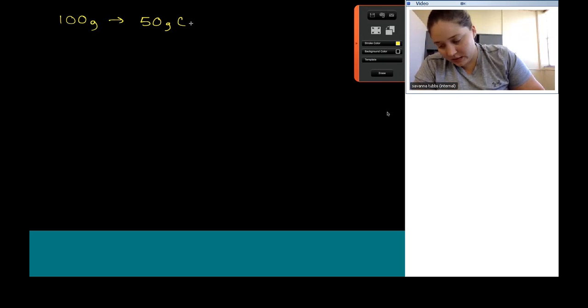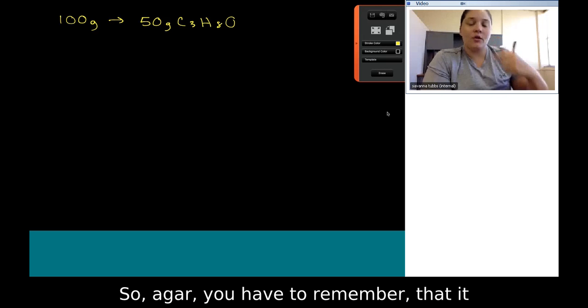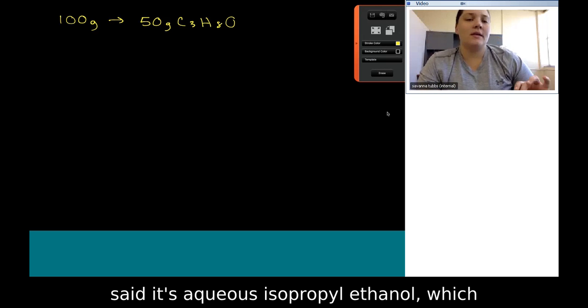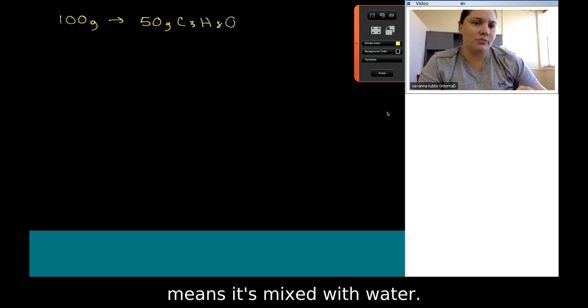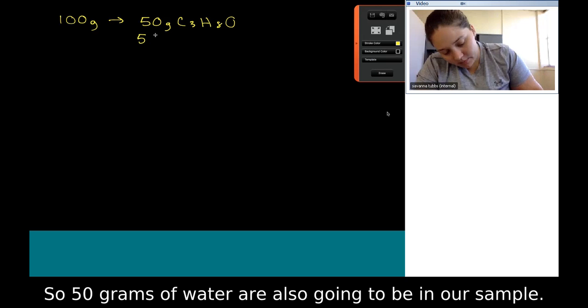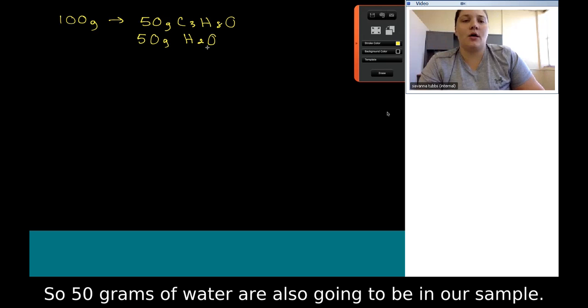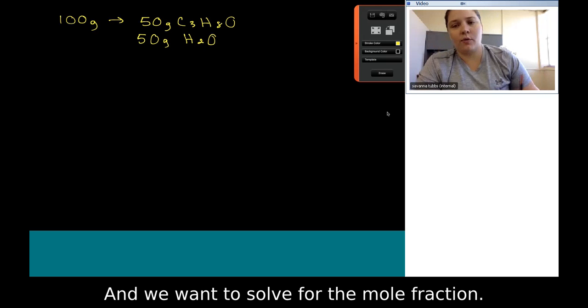So it's C3H8O. However, you have to remember that it said it's aqueous isopropyl ethanol, which means it's mixed with water. So 50 grams of water are also going to be in our sample. And we want to solve for the mole fraction.